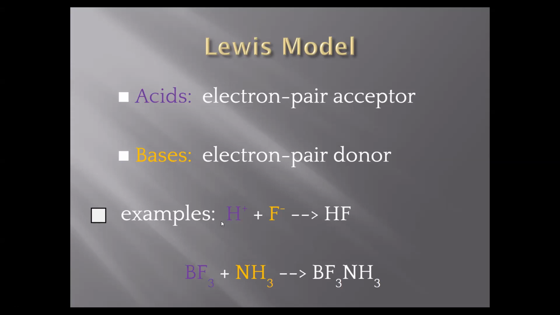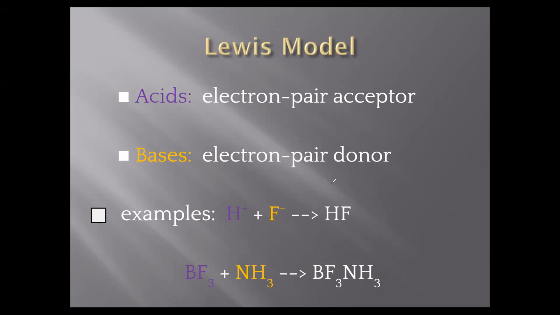So in this first example, we see the hydrogen ion acting as an acid, because when H and F bond to one another, the hydrogen is going to accept an electron pair in that bond, and the base, or the fluorine here, is going to donate it. So I'm talking about bonding, which is something that we haven't talked about in a while. So let me just draw it out for you guys really quickly.